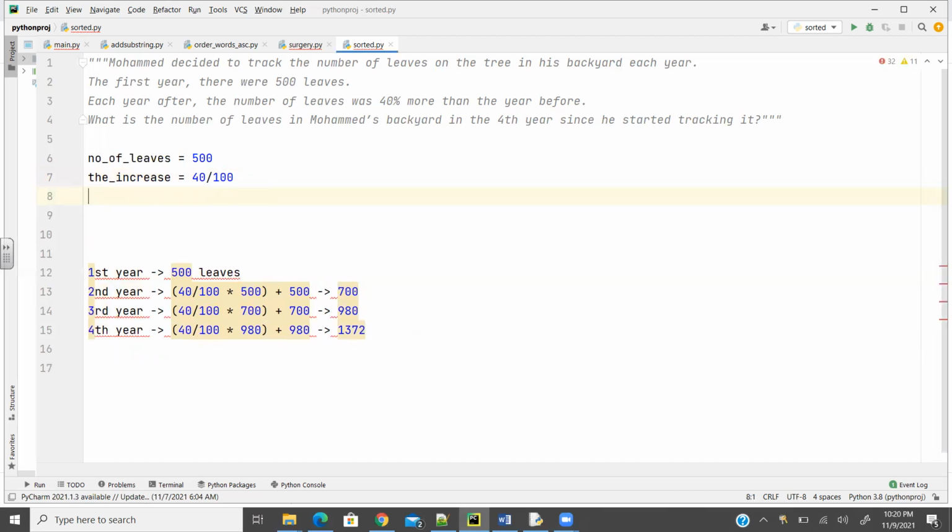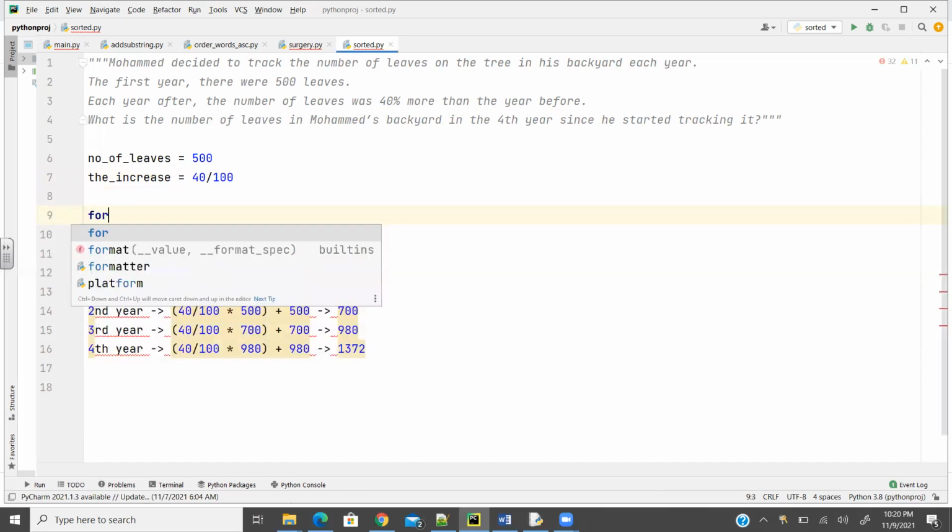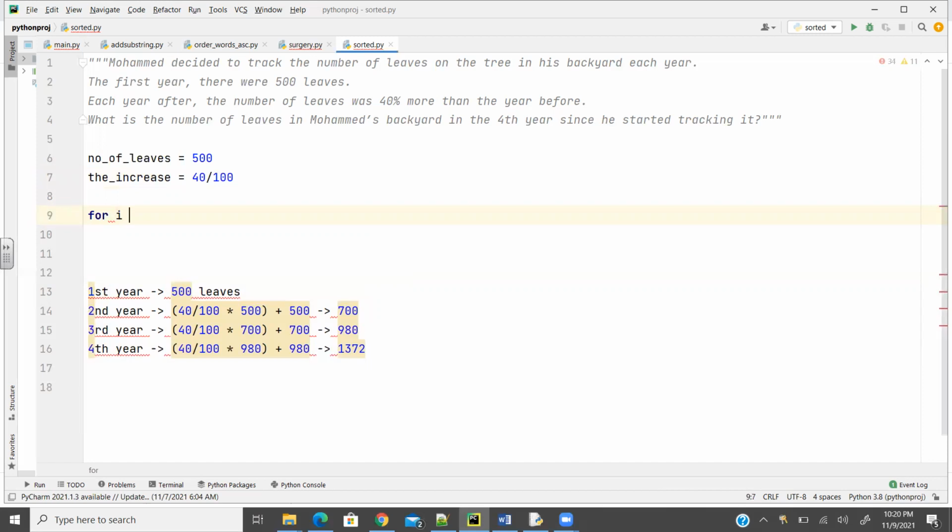Right. Then having done that now, I'm going to say, okay, you know what? For i, where i will be the value of what it is, the count as we go through the loop. So for i in range, now there's something about this range function here.